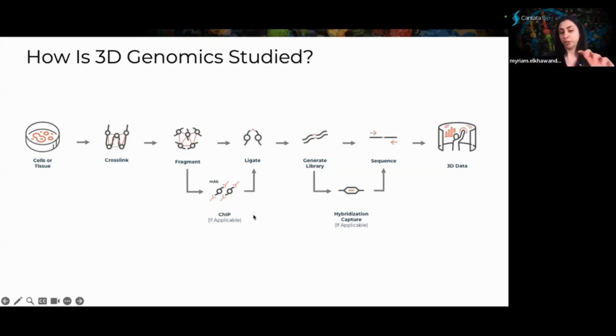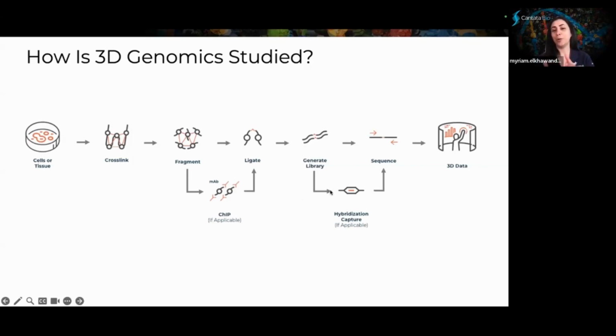For that, after cross-linking and fragmenting your chromatin, you carry out chromatin immunoprecipitation. You precipitate on your protein of interest, and then perform proximity ligation. What you convert into a library are the interactions happening with your protein binding site, which are associated with your protein of interest. So this is one flavor of the targeted approach.